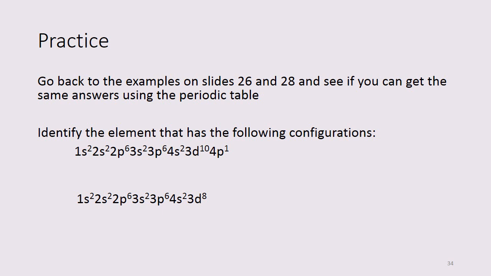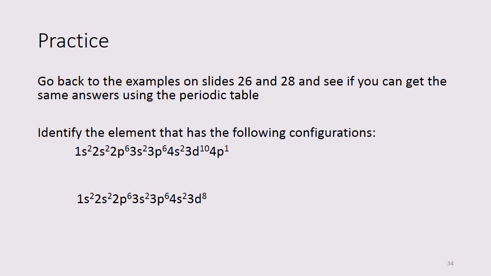For example, chlorine: we went through the orbital diagram and everything, but if you just follow along with the periodic table, you see it's 1s2, 2s2, 2p6, 3s2, and then 3p5. Chlorine ends with 5, so you just have to count the last one. Iron would be 1s2, 2s2, 2p6, 3s2, 3p6, 4s2, 3d6.